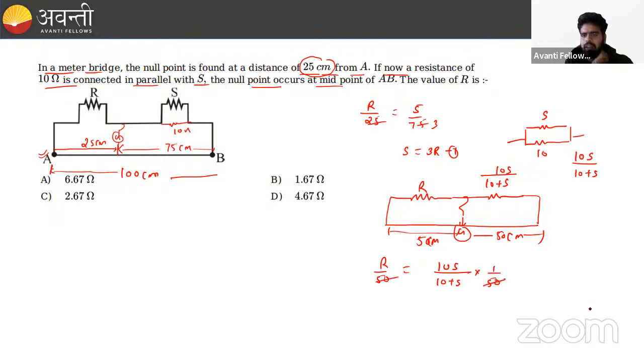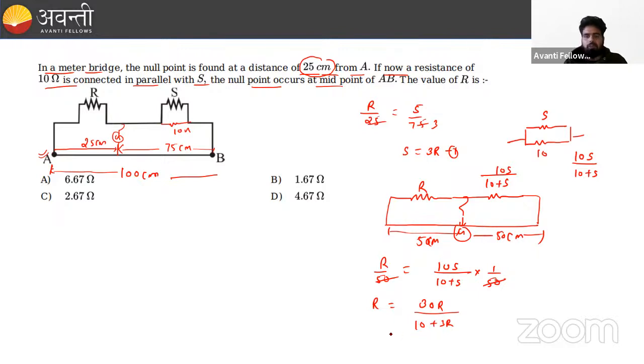So here we can cancel out 50 from here. What is the value of S? 3R, correct? So if we put 3R in the place of S, this will become 10 into 3R, that is 30R, upon 10 plus 3R, right guys?